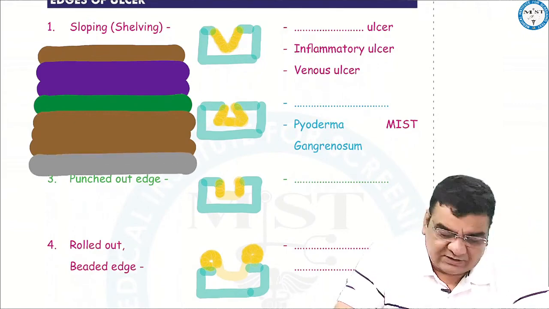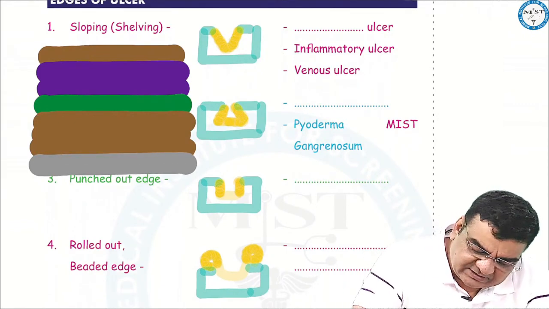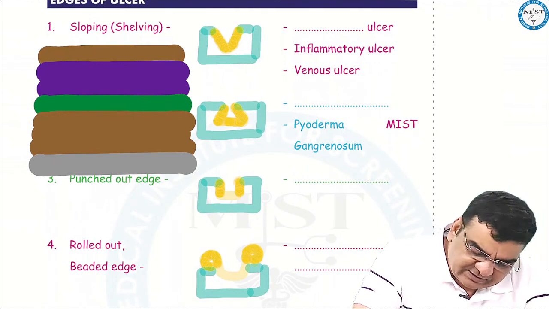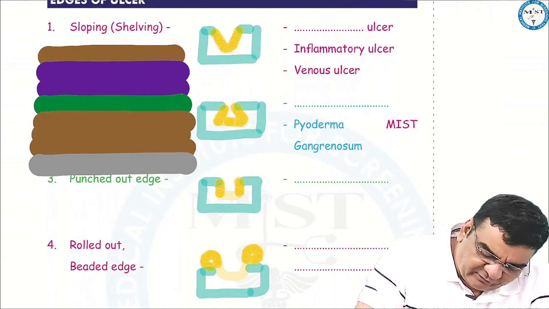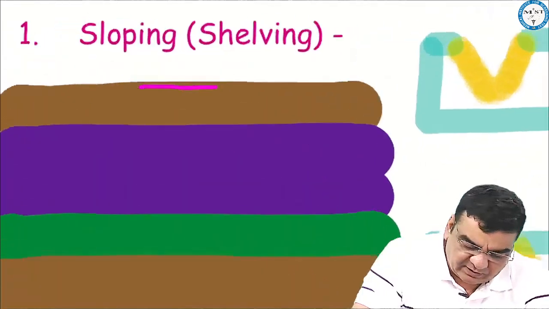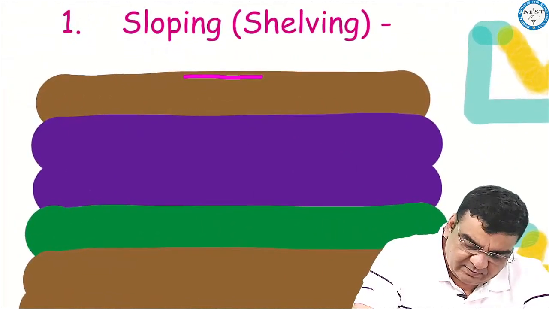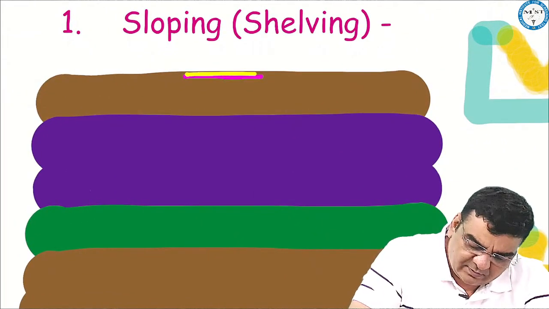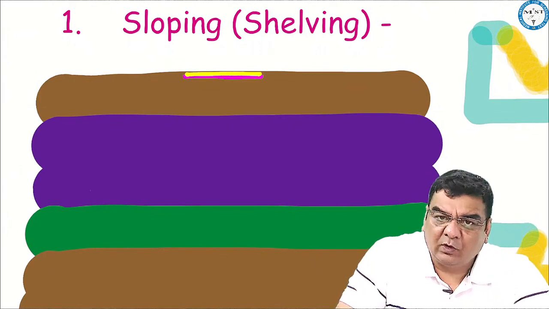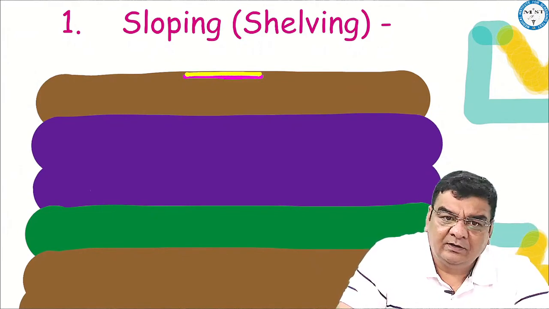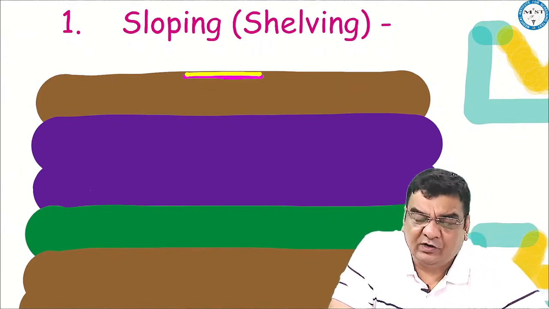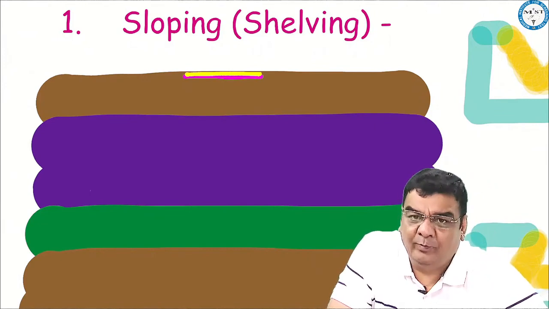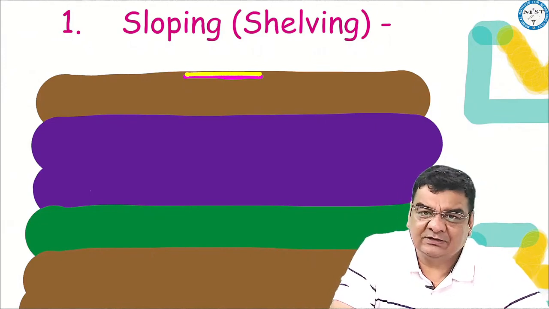Now what is an ulcer actually? Ulcer is somewhat like this. Ulcer simply means breach in the continuity of epithelium. That means if you look at this particular area here, the skin is broken here, right? This breach in the continuity of epithelium or mucous membrane is called an ulcer.